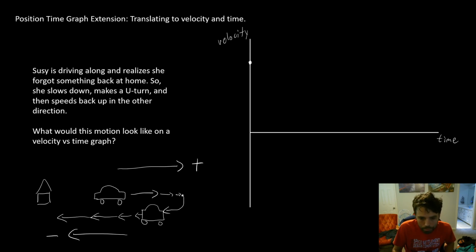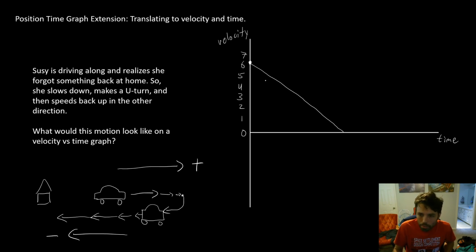It starts up here somewhere, and she begins to slow down. Now look at the arrow. She's still going in the positive direction, but she's slowing down because she has the brakes on as she goes to the right. So the graph is going to look like this. Imagine there were numbers here. Let's actually put in numbers to prove a point: 1, 2, 3, 4, 5, 6, and 7, and so on.